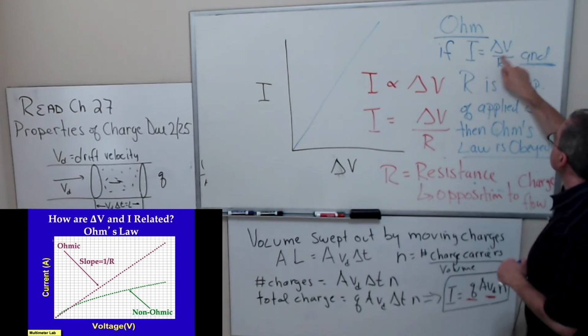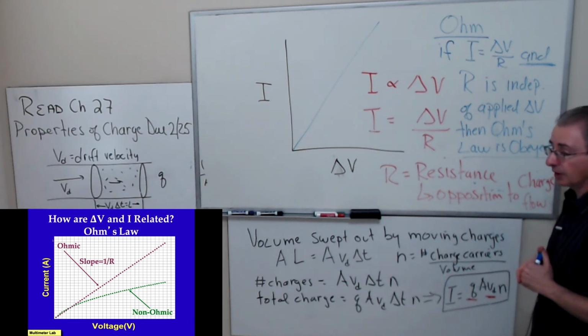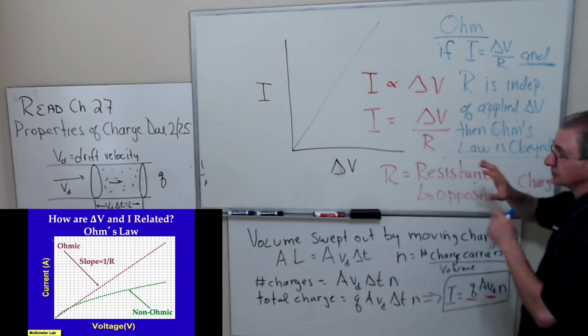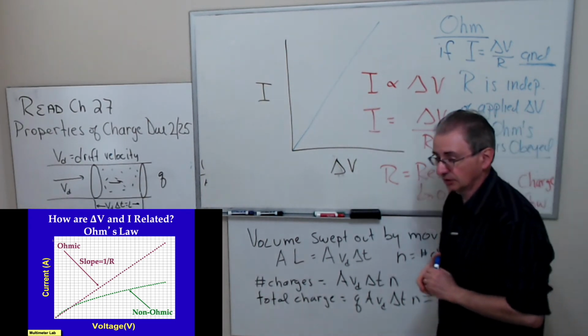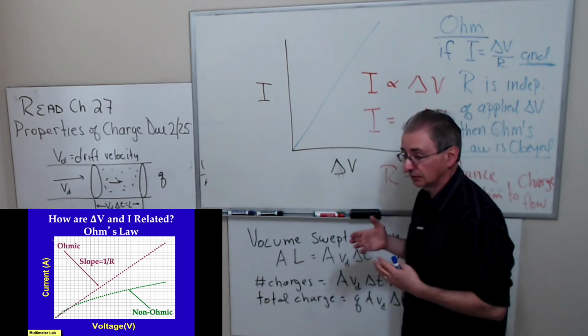The value of R is independent of delta V. That's what an ohmic material is. That's something that obeys Ohm's law. It obeys this equation, and R is independent of the applied voltage. That's Ohm's law. So there's a lot of materials that obey that principle.